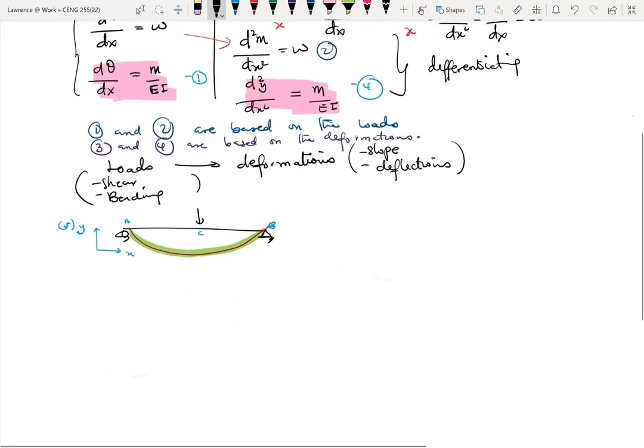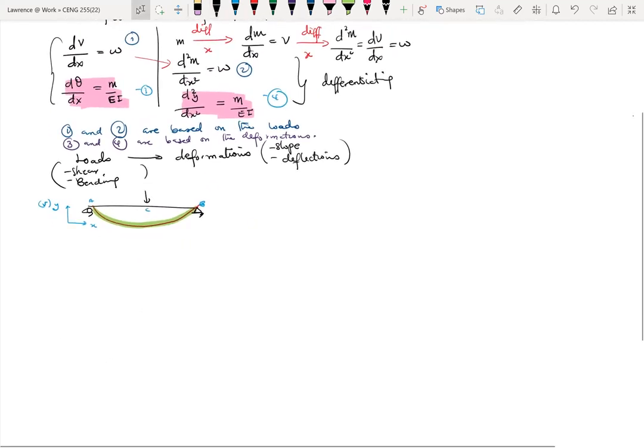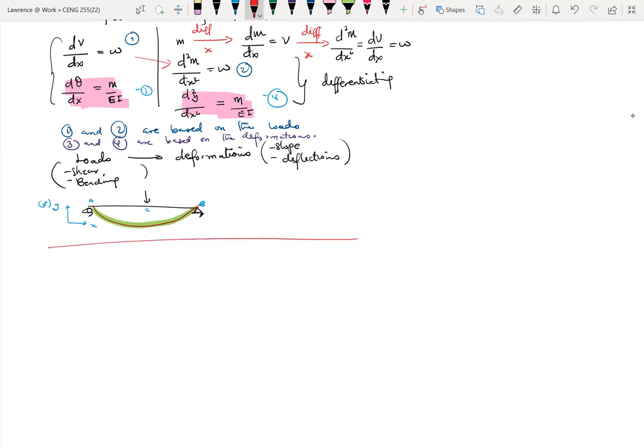Okay. So if I take equation 1 and I do my integration, so let me just name it integration. So if I take my equation 1, I integrate the v dx, then it means that v is equal to integral of w dx.